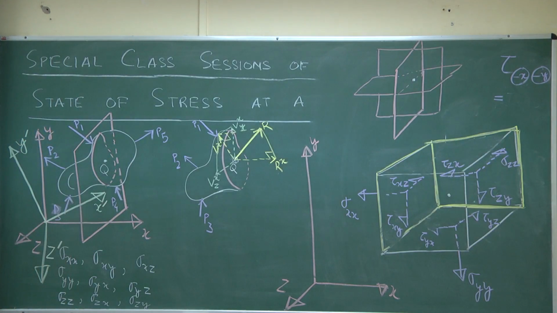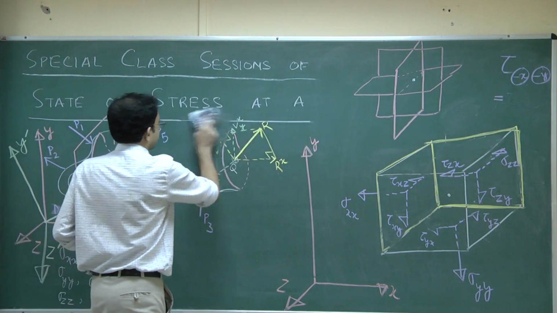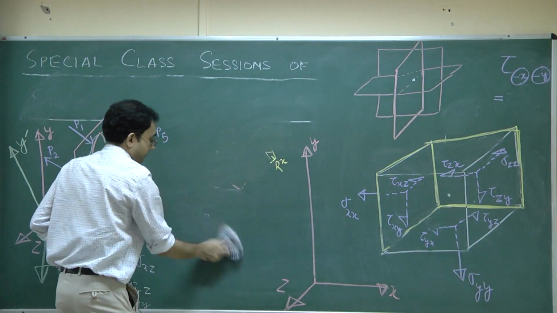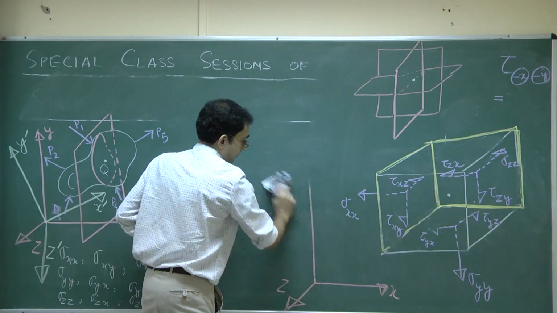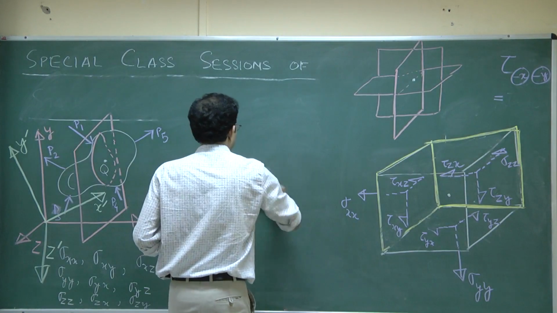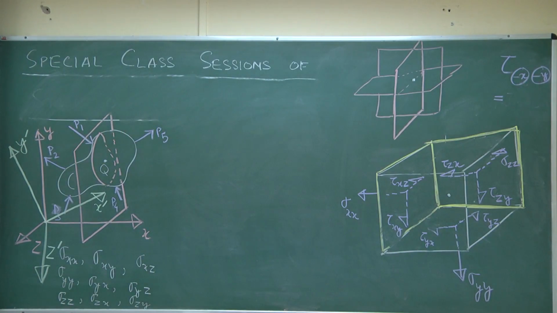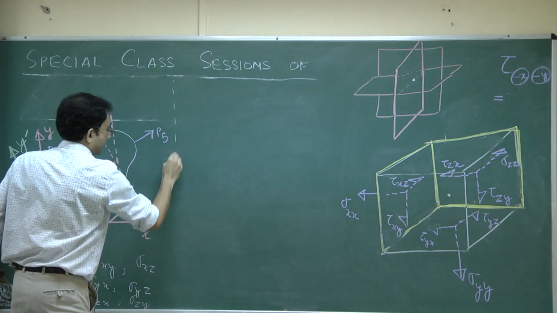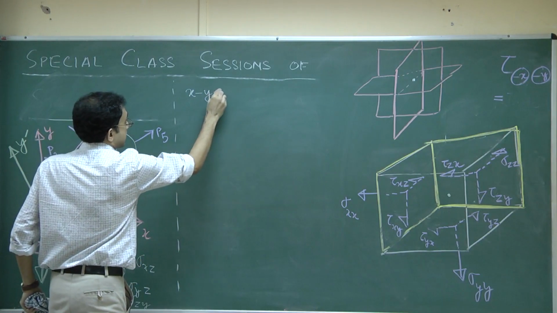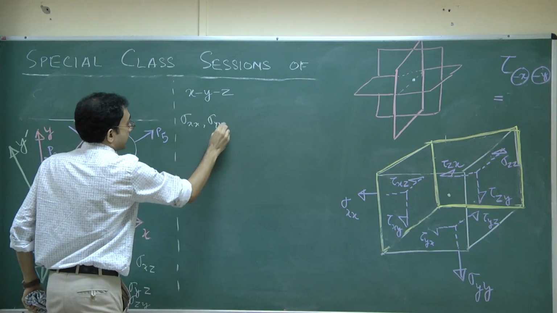The answer is no. When we considered our xyz system, we ended up with sigma xx, sigma yy, and so on.